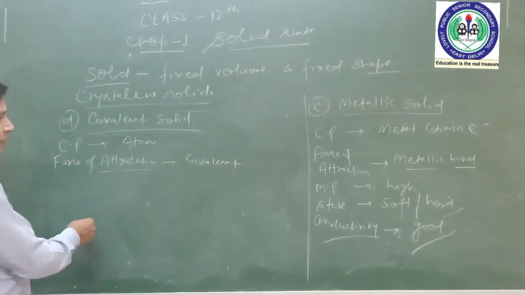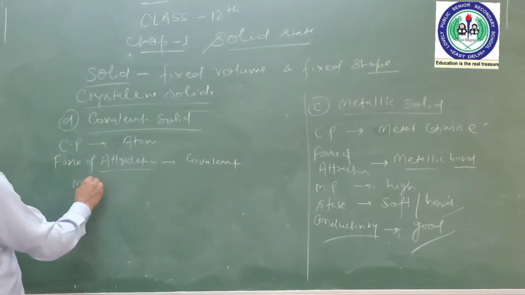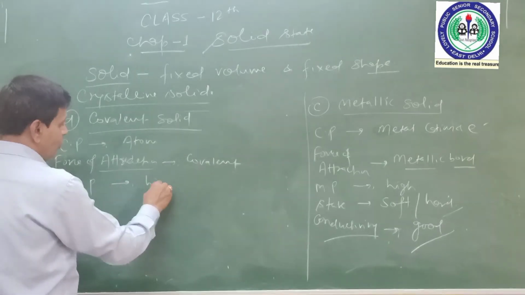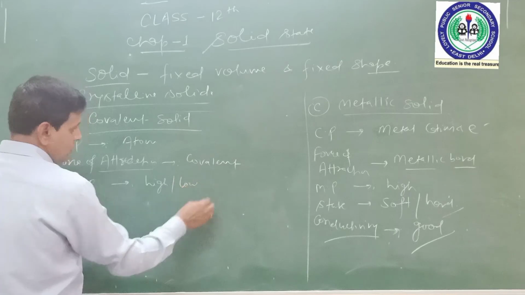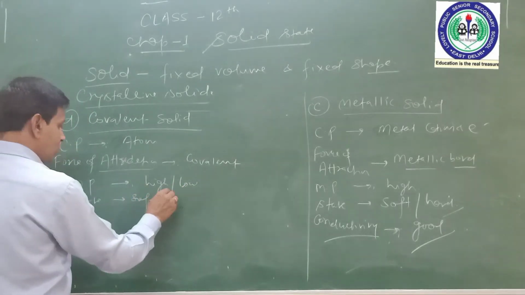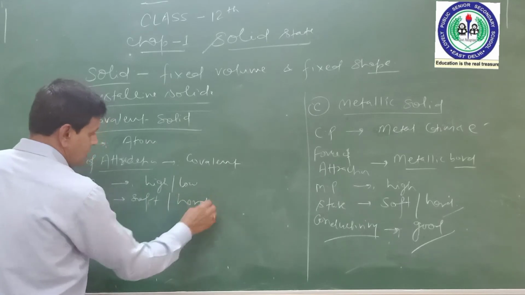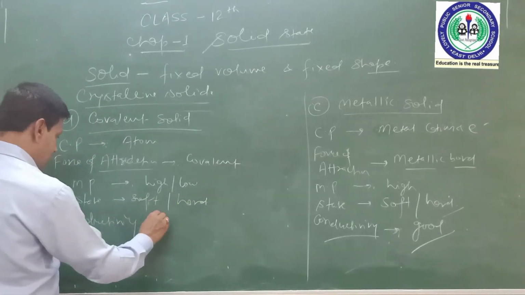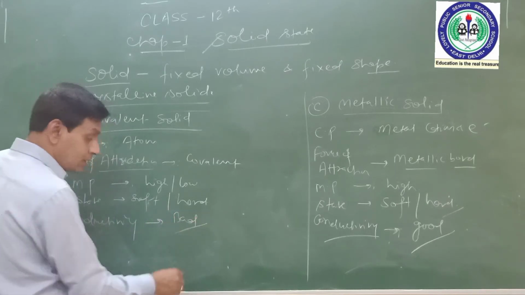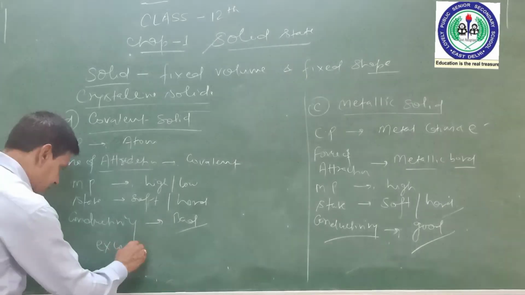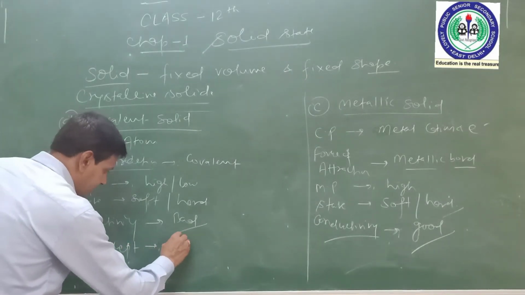Then melting point is high and low both. State, soft and hard both, and conductivity is bad conductor, but except one, that is graphite.